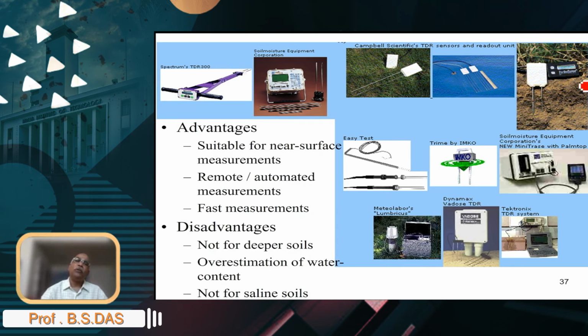For example, this is a Campbell Scientific one, and all your circuits are embedded in the probe holder, and you have a readout device up here. So it's not quite convenient to take deeper soil measurements.